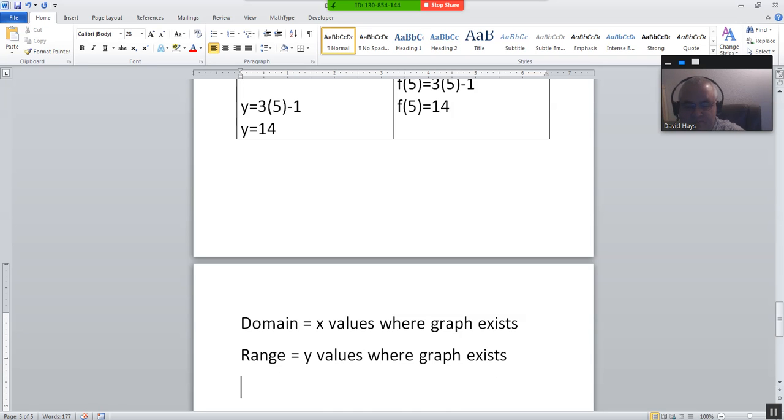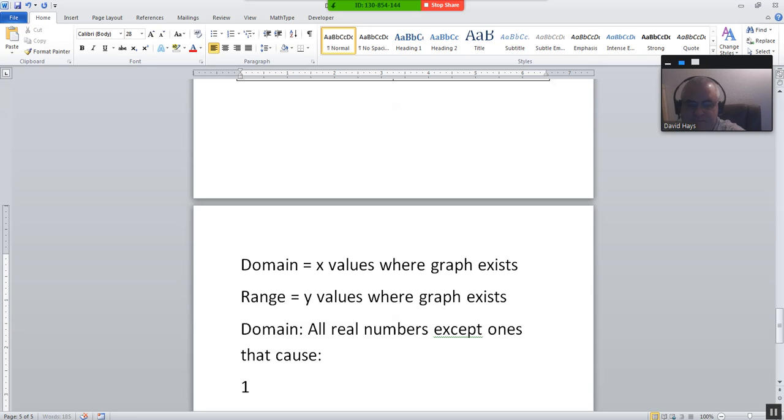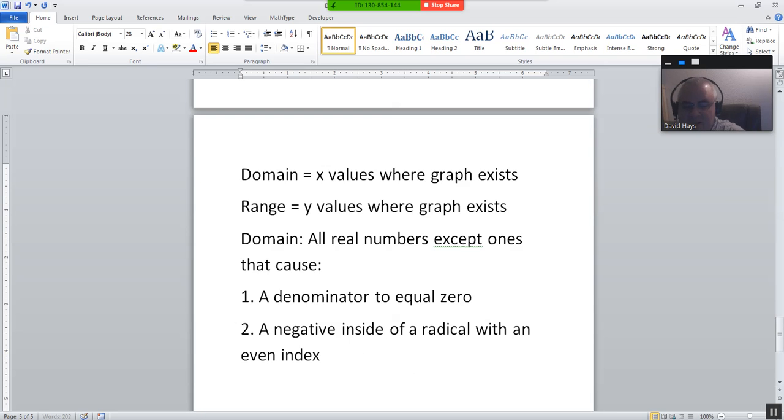Now in general, for the domain, your domain is all real numbers except ones that cause a denominator to equal 0, and ones that cause a negative inside of a radical with an even index. Now when we get to logs later on in the course, you'll find that there's an additional one we put on there.